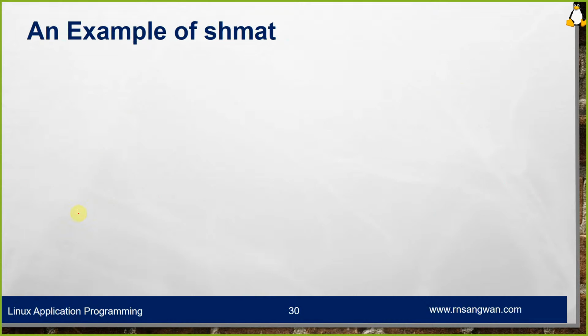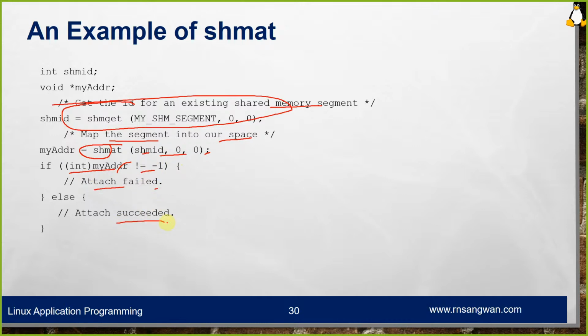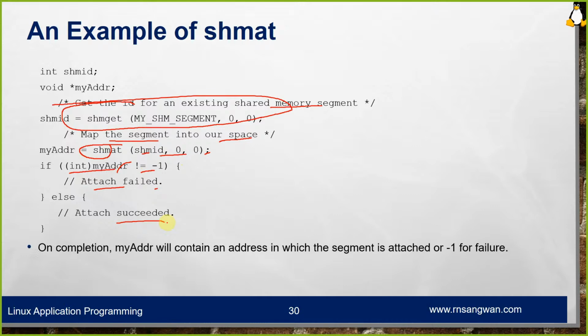Let's look at one example of shmat. Get the shmid of the shared memory segment, map the segment into our space, shmat, shmid, 0, 0. If it is successful, it attaches. If it is -1, it has failed, otherwise it is attached or succeeded.